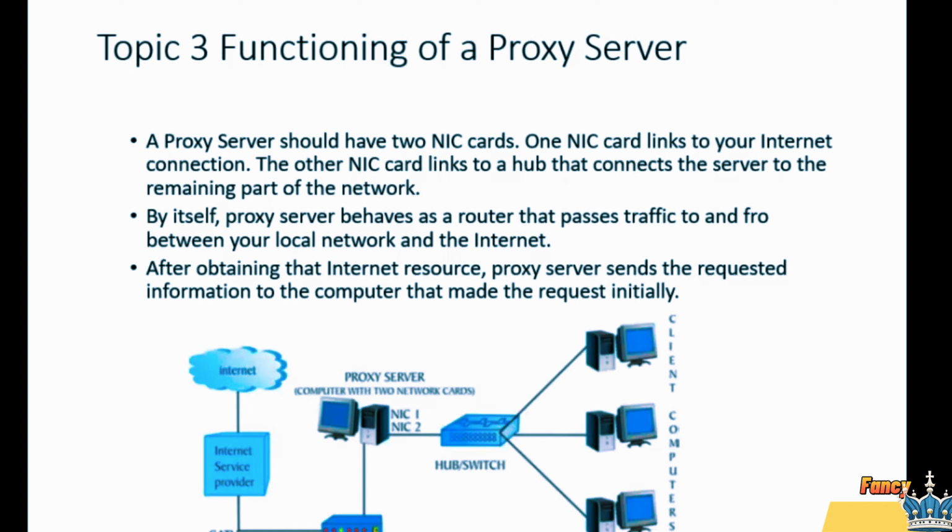By itself, the proxy server behaves as a router that passes traffic to and from between your local network and the Internet. After obtaining the Internet resource, the proxy server sends the requested information to the computer that made the request initially.